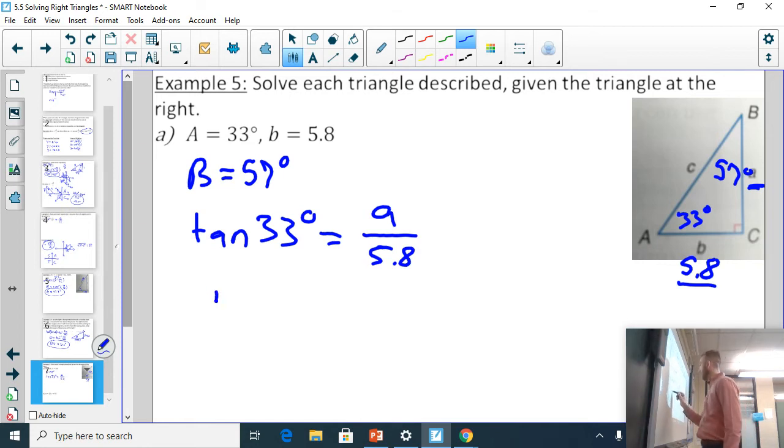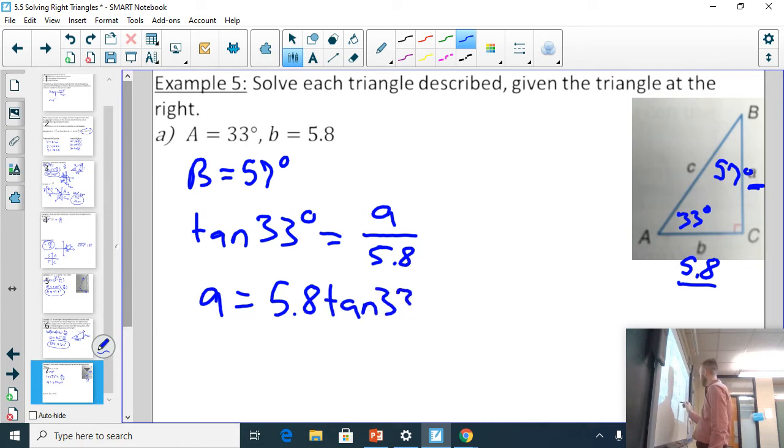And then A equals multiply the 5.8 over. And when we punch that into our calculator, 5.8 times the tangent of 33 degrees, we get 3.767 rounding.